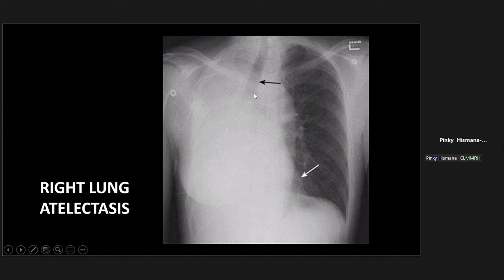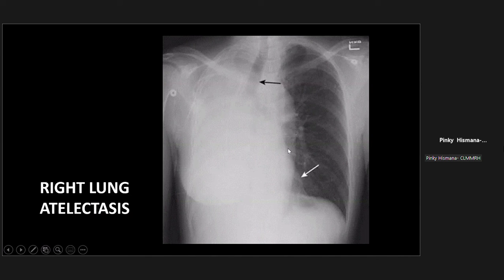If you have a mass lesion, most likely the trachea will be deviated contralaterally, because the mass lesion will be pushing your trachea and mediastinum to the other side. If you have fluid, most likely the trachea will be deviated contralaterally as well, because the fluid will be pushing your trachea and the rest of the mediastinal structures to the other side.